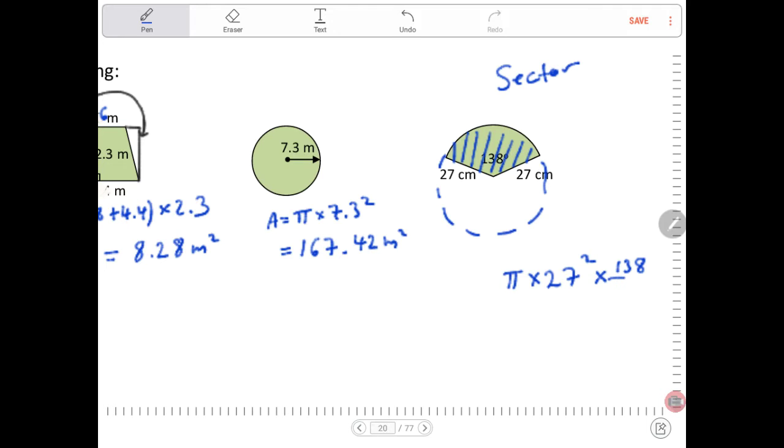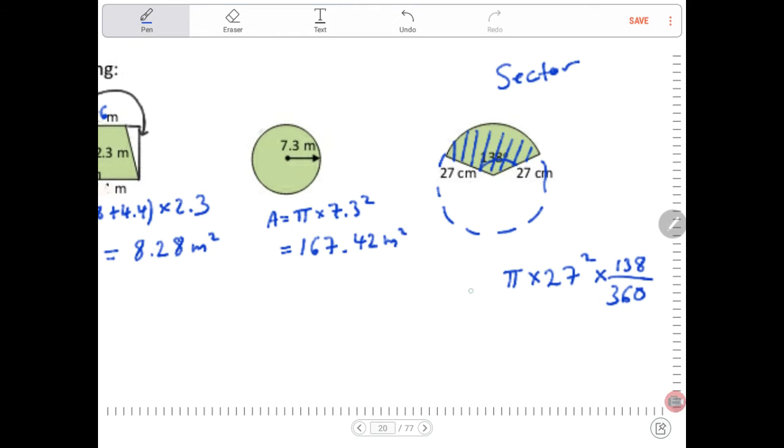You take the angle that's subtended on the sector, 138 degrees, and divide it by 360. As simple as that. So, see if you can put that one into the calculator and get the right answer. And the right answer is 877.92 square centimetres.